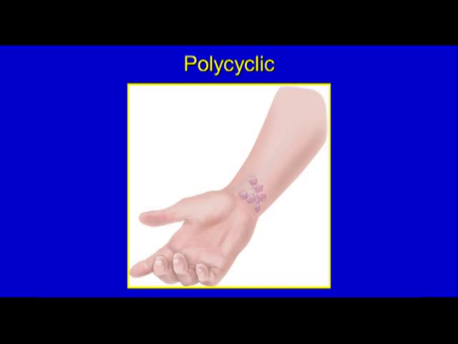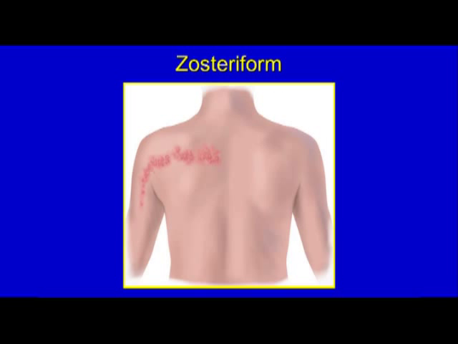You might see a linear lesion if you've gotten swiped by maybe a poison ivy vine and it's just right down the back where that vine has hit. And then the polycyclic is something else that's just kind of roundish looking and comes and goes. And then the zosteriform is what you would see with someone with shingles. It goes across that nerve tract, and so there's an identified pattern to that.